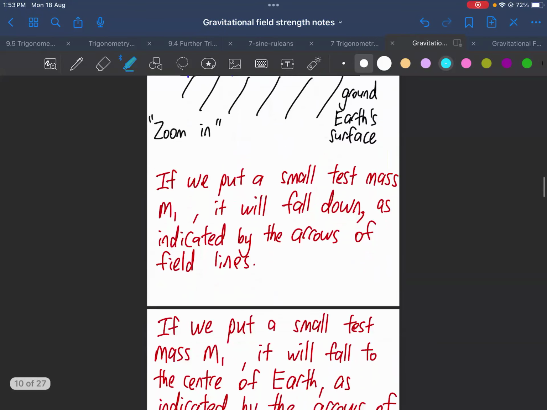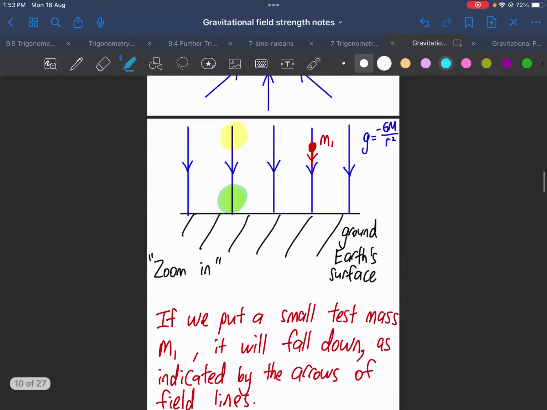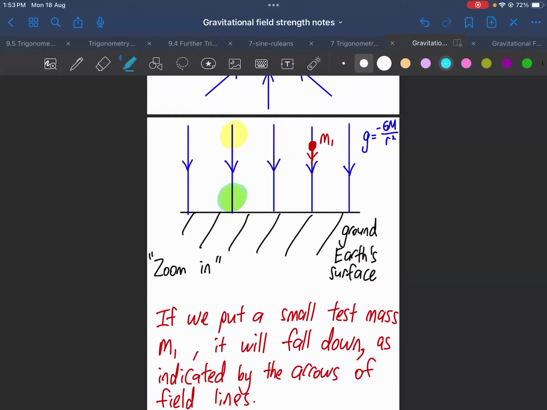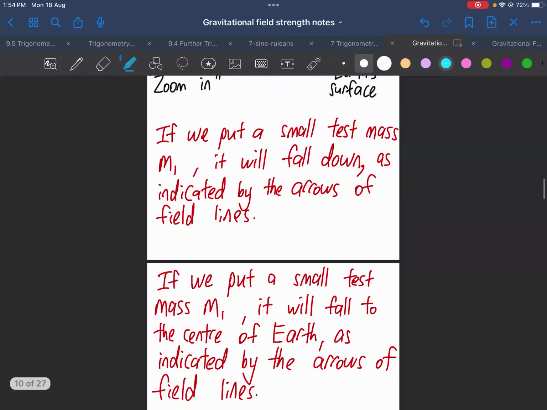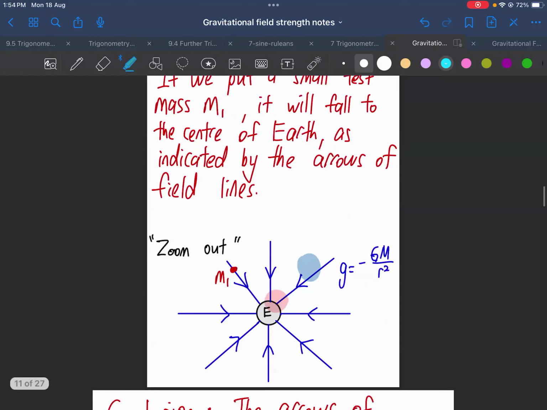If you put any mass m1 here, it will move according to the direction of the arrow of the gravitational field lines. So that's why gravitational field lines will always be pointing down, because everything will fall down, right? Okay, so now, conclusion is this.